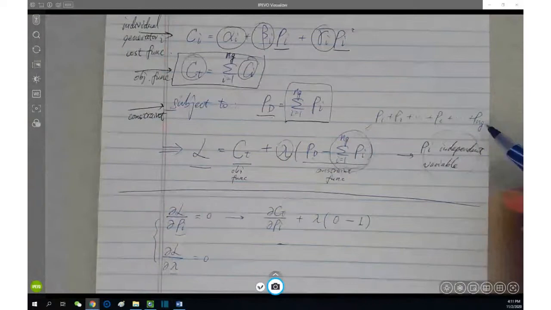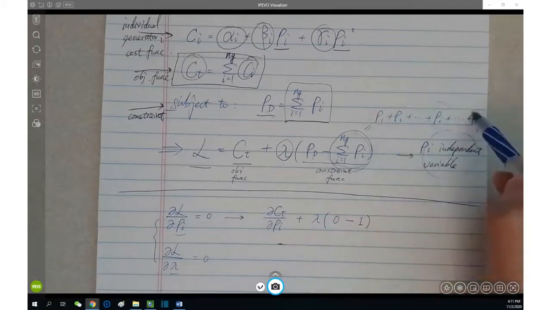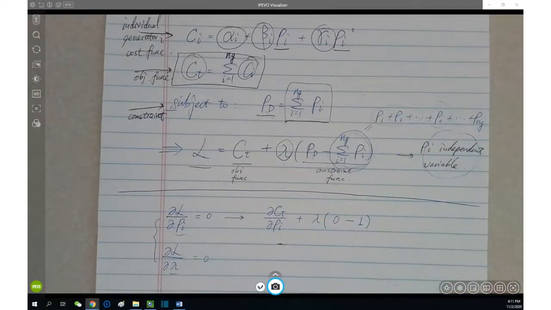That's only one term, which is pi, has something to do with pi. The rest of the terms here, before and after pi, all of those p's are independent of pi. It is a little bit abstract, but think about it. Does it make sense?